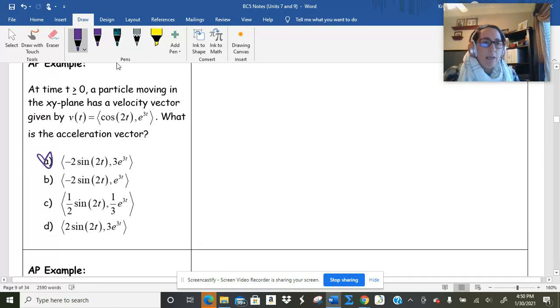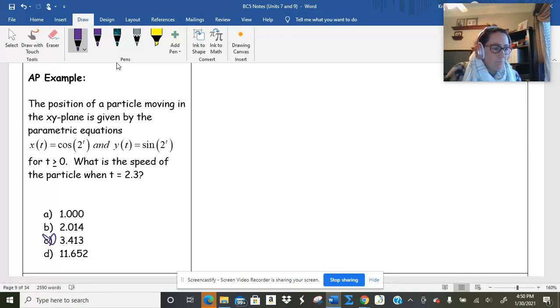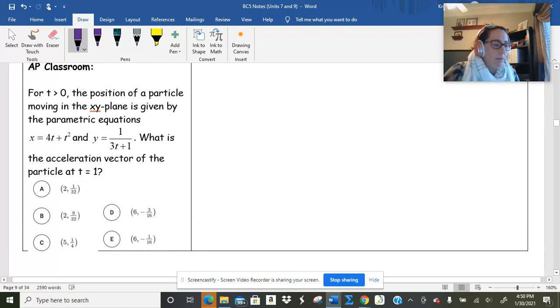See if you get A. Also want you to try this one on your own. Pause and take the time you need. See if you get C. And the last one, I want you to go ahead and try on your own again, and see if you get B.